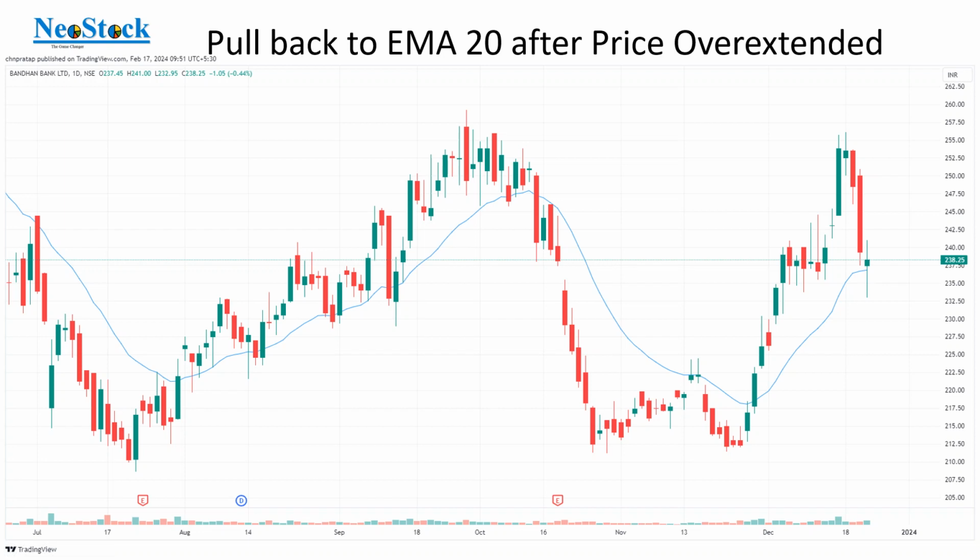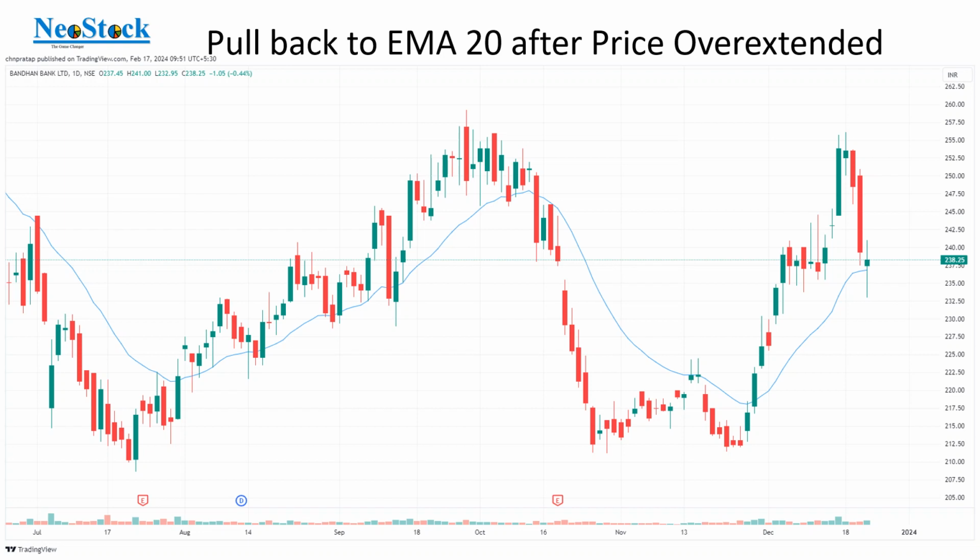This is called pullback to EMA 20 after price overextension. So this is what happens to most of the stocks in a trending market. If there is an overextension, generally a pullback happens till the EMA 20.